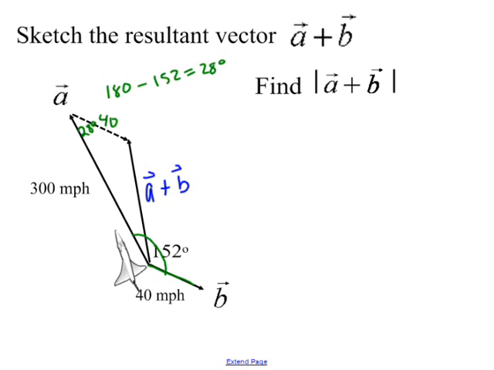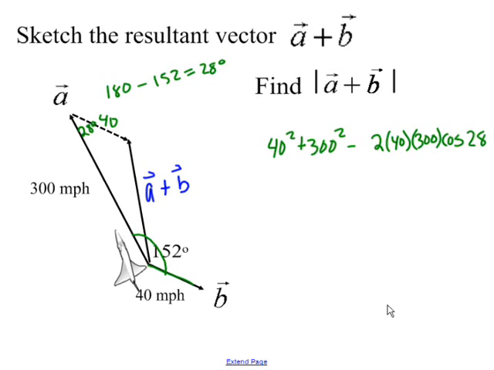So I have 40 squared plus 300 squared minus 2 times 40 times 300 cosine of 28.